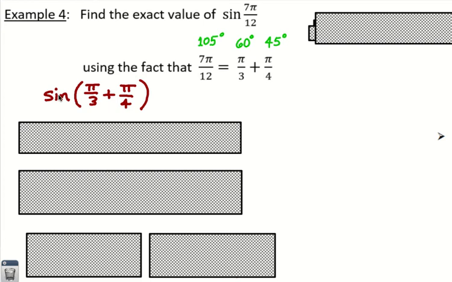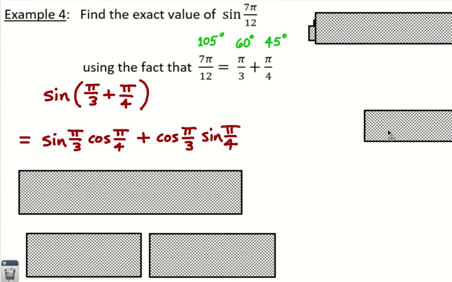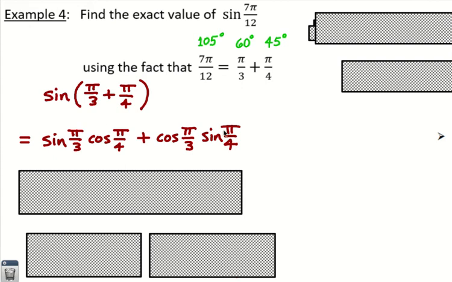Now that I have it written as the sine of a sum, you can rewrite it using your formula sheet as this. And once again, you might actually be writing it out like this now, but this is really the sine of 60, cosine of 45, cosine of 60 degrees, sine of 45 degrees.